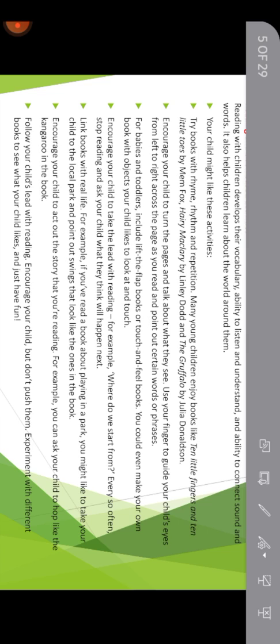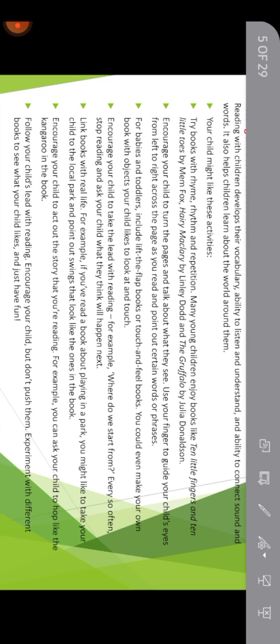And use your finger to guide your child's eyes from left to right across the page as you read and point out certain words or phrases. So by that, simply telling them the left, then the right page, the left page, the right page, they will definitely know where is the left and where is the right.